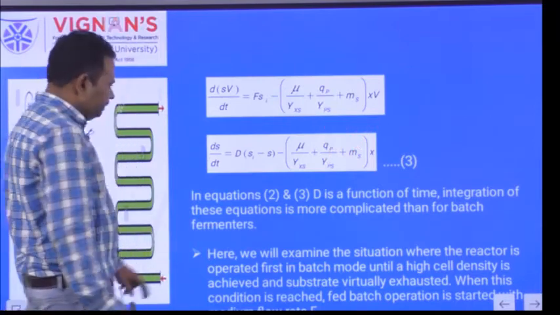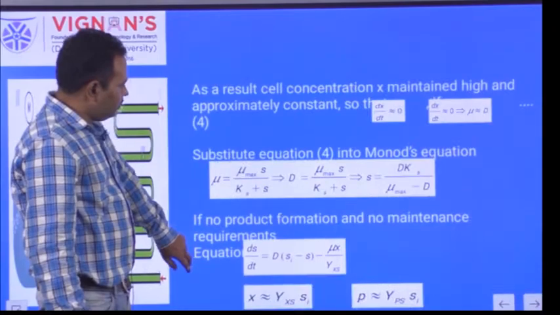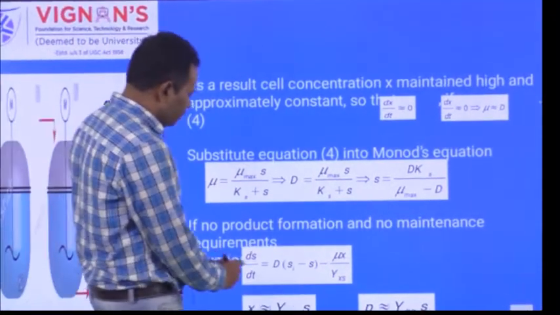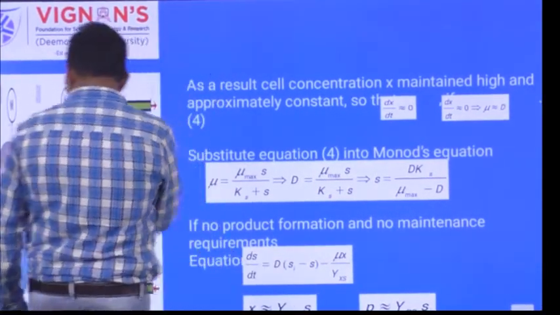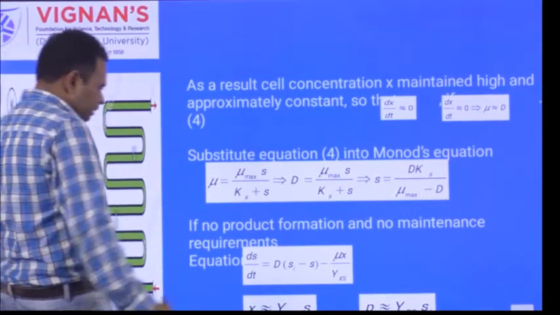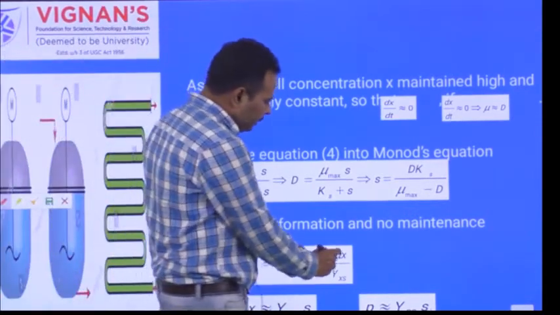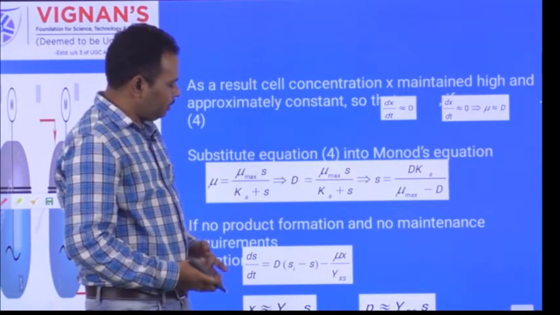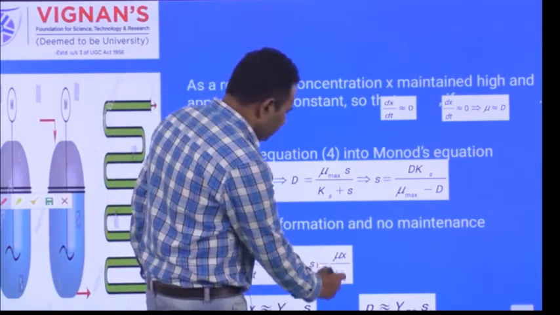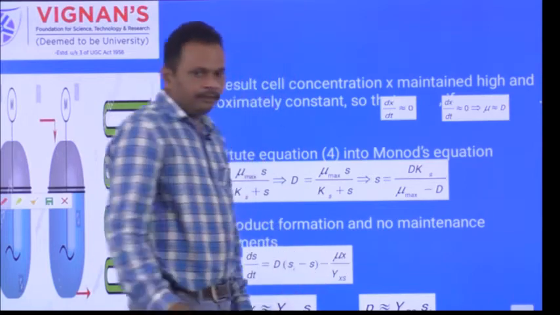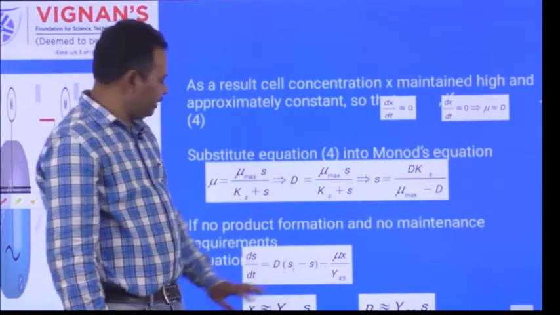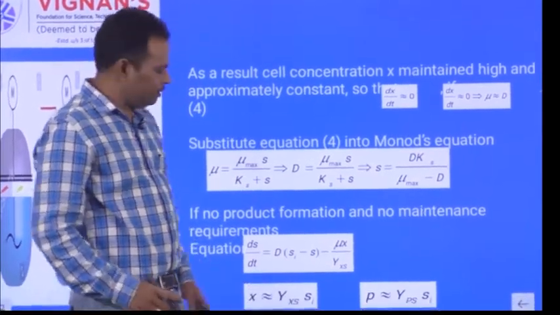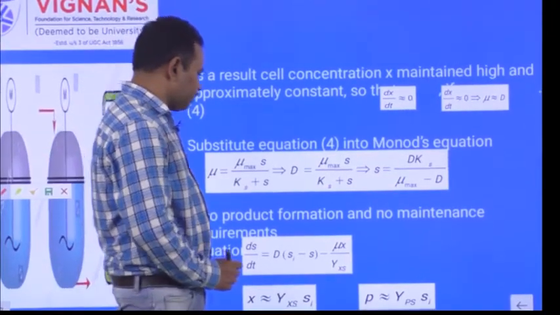When you solve for dS by dt, then this becomes what? dS by dt is equal to D into Si minus S. Again, when you make Qp 0, Qp by Yp/S as 0, again Ms 0, and automatically what? The mu by Yx/S into X. This is after dividing with V. Then this equation becomes what?